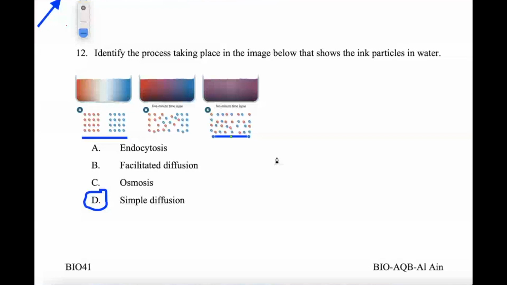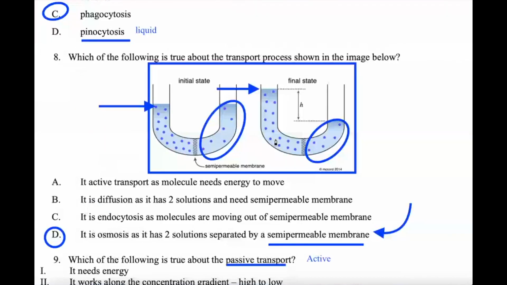Excellent. I will take you back to this picture. In this picture, there were molecules and there was water as well. But who was moving only? Particles, from low to high.